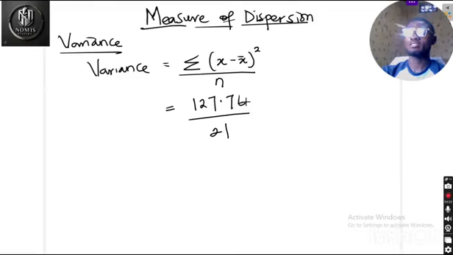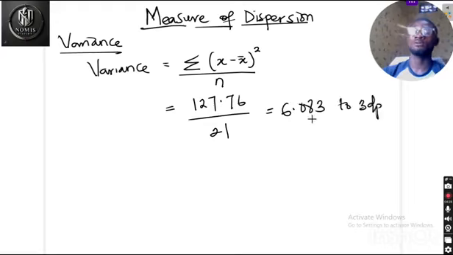That's 6.083 to 3 decimal places. So this is the value of variance.